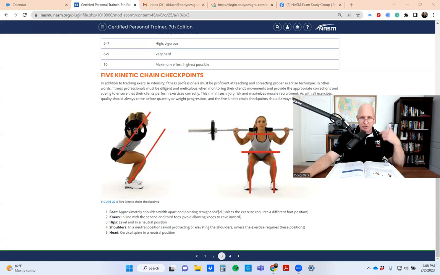Now, that makes sense if you are the perfect average person with no musculoskeletal issues. But what they tell you from a cueing perspective so that you understand proper biomechanics is that unless the exercise requires a different foot position, ladies and gentlemen, I never, ever, ever, and when I say never, ever, ever, ever do squats or have ever done squats with clients where their feet are shoulder width apart. That would be ridiculous. That makes no sense biomechanically. Okay.